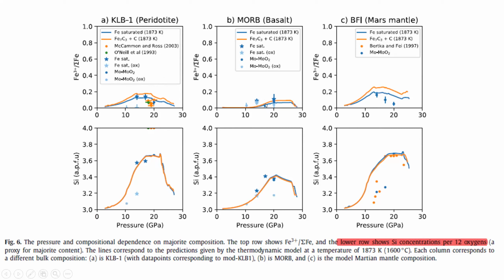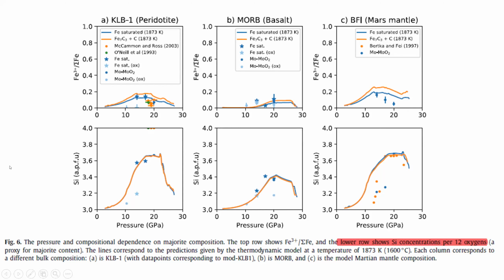In the case of this basalt, the iron concentration is very low, whereas according to the model it should have increased, but it doesn't. So they tried to figure out the reason. In the Mars mantle as well, the experimental data points move downwards very quickly, whereas in the model the movement is very slow. They said possibly the volume of the mineral that they have taken is higher than the actual volume, and therefore the gradual drop in ferric iron concentration is low in the model.